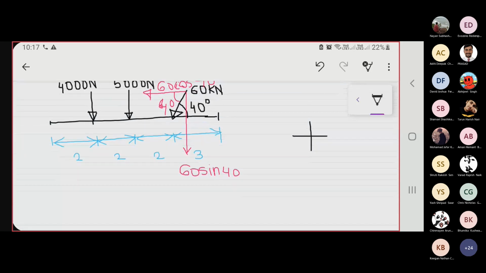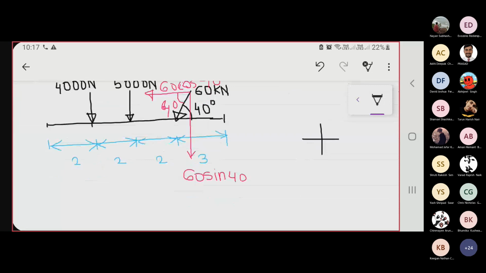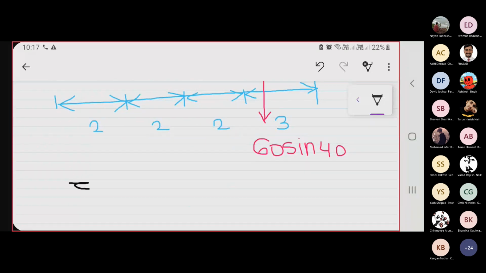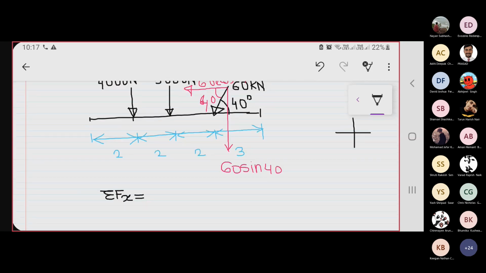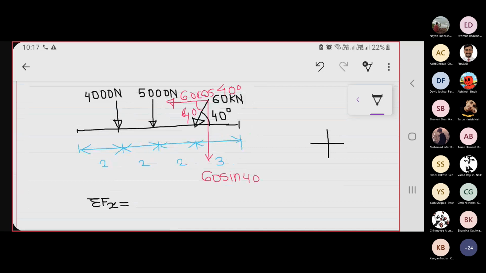First step, they are asking you to find the resultant. So the first step is summation of forces in x direction. How many forces are there in x direction? Only one force, that is 60. Now see, it is in kilonewton and all other forces are in newton, so there should be homogeneity in your units.